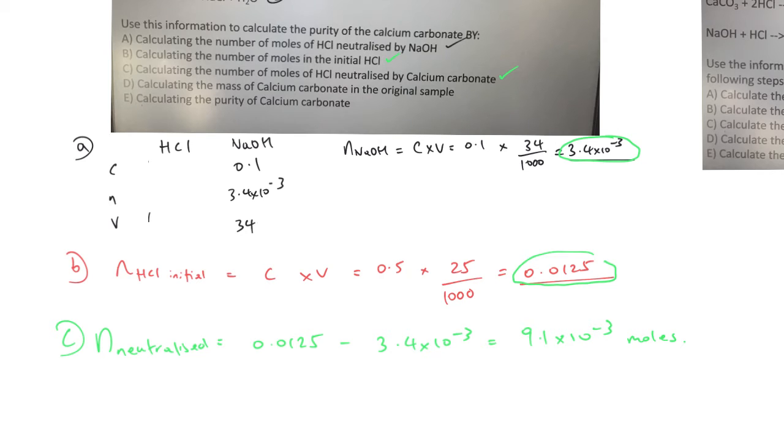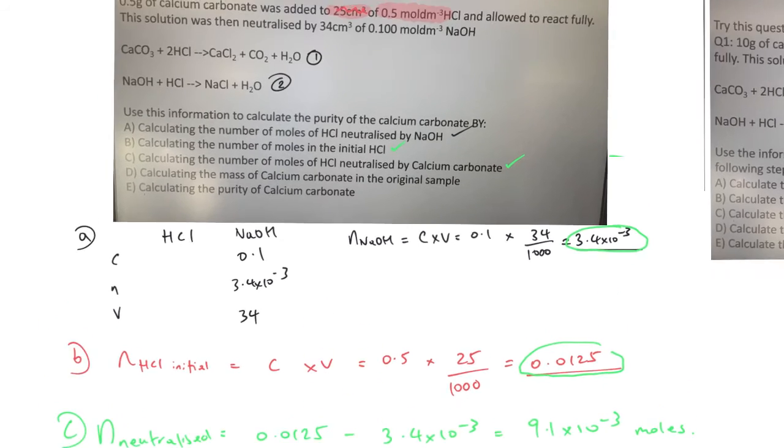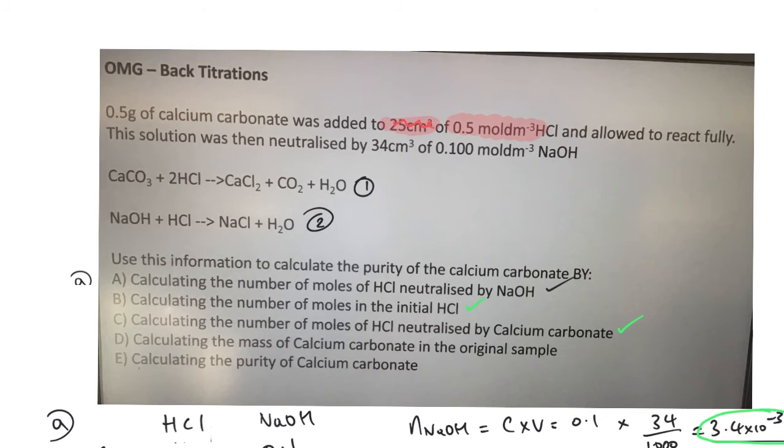Now, we're going to get the mass for D by using the equation n equals m over Mr. So the first thing I need to work out is how many moles of calcium carbonate do I have. So we're going to look straight to that initial equation. We can see for every 1 calcium carbonate, I get twice as many hydrochloric acid.